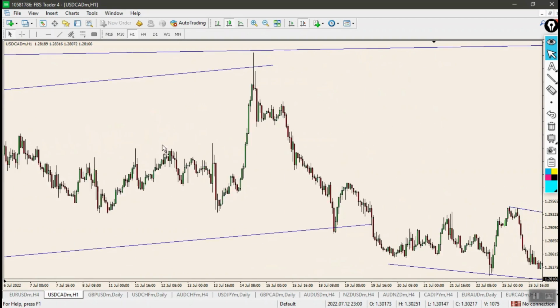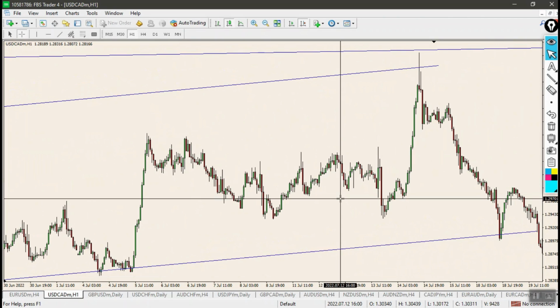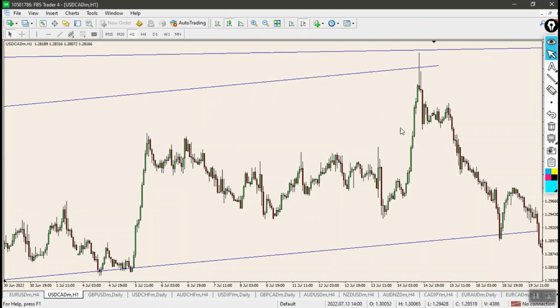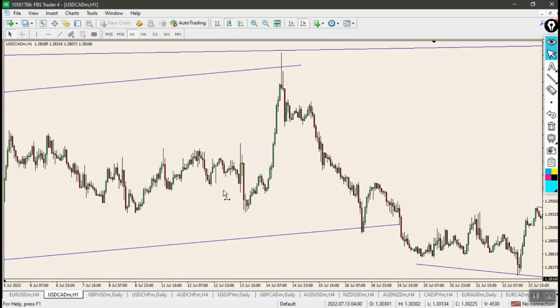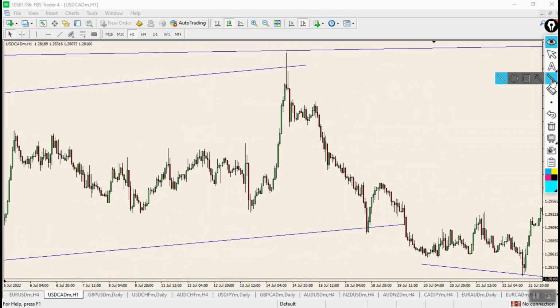We are on the 1-hour chart, and this is the structure right here. This is the structure that was on the previous time frame on the 4-hour chart, but on the 1-hour chart we see the same reversal pattern that we drew on our presentation previously in the first segment.